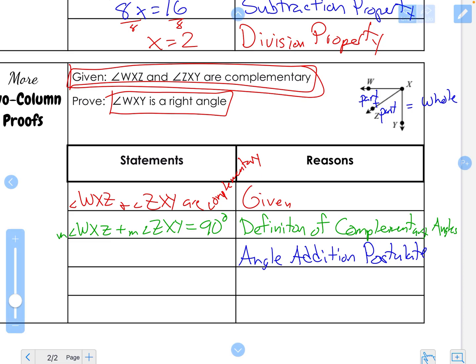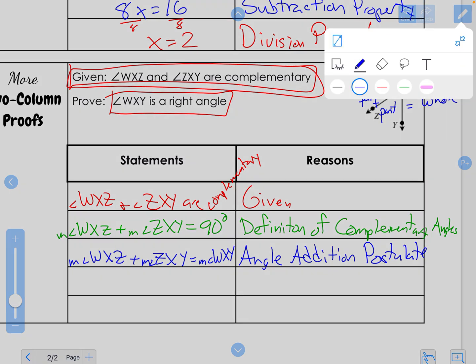So I know that the measure of angle WXZ plus the measure of angle ZXY equals the measure of angle WXY because of my angle addition postulate. Two angles that are inside one add up to equal the one angle.